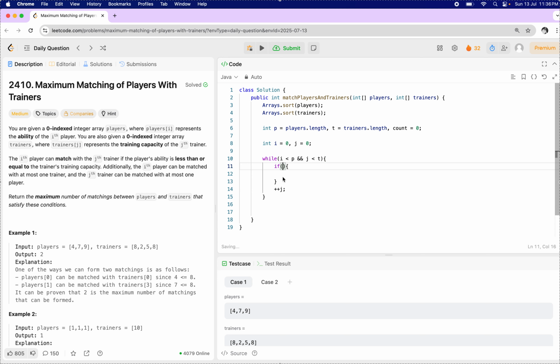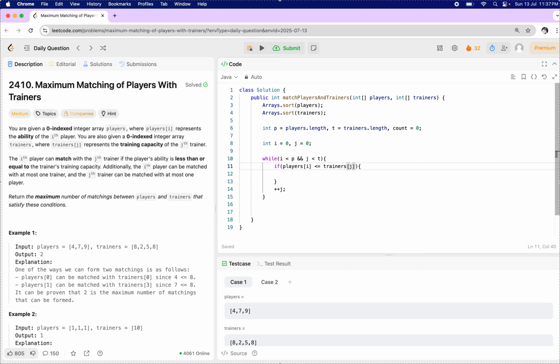In this loop we will check if the player's capacity, players[i], is less than or equal to trainers[j], so we have to put the equal to sign also.